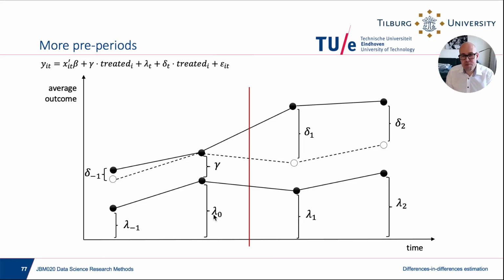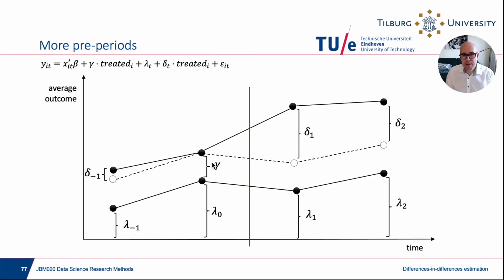And this is captured by the change from lambda 0 to lambda 1 to lambda 2. And the evolution for the outcome for the treatment group is going from lambda 0 plus gamma to lambda 1 plus gamma plus delta 1 to lambda 2 plus gamma plus delta 2.